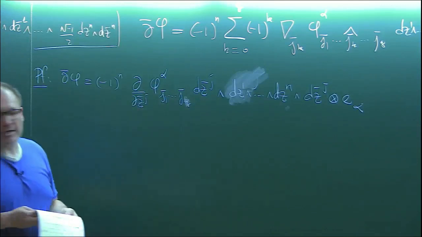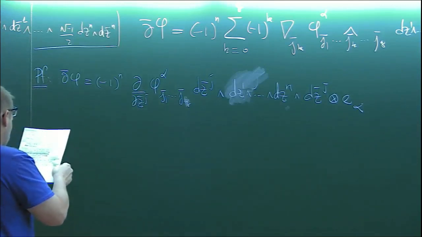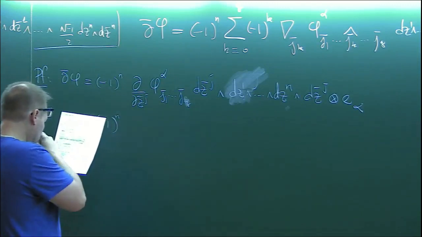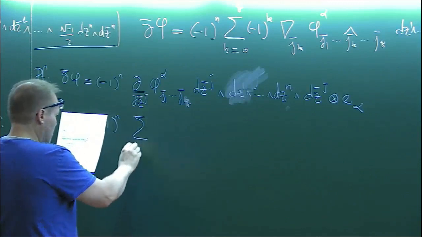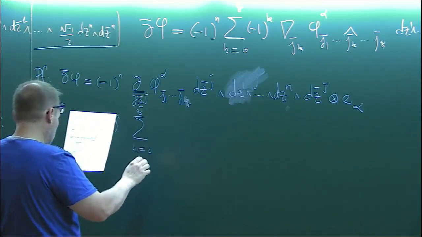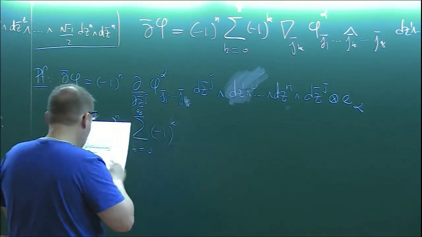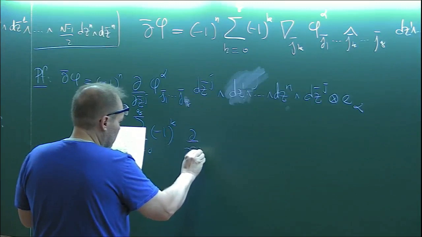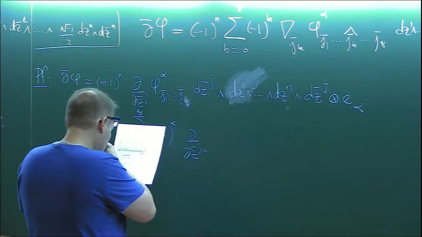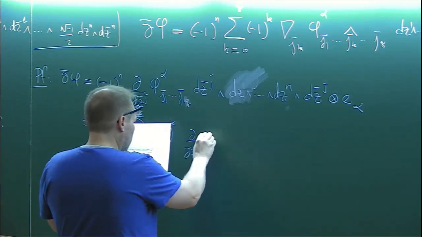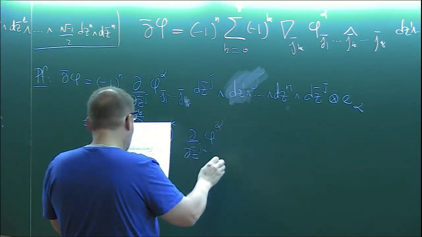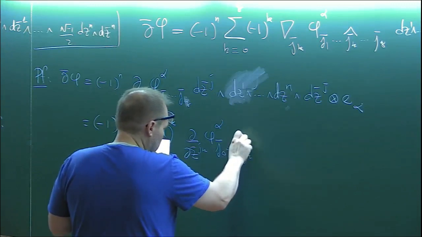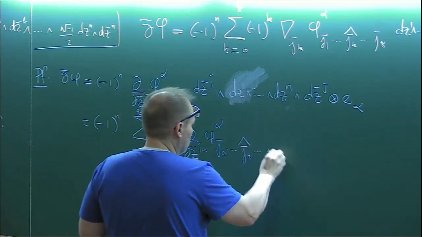Okay, but in this form, these coefficients are not skew symmetric with respect to the j. So we would like to make it skew symmetric, and so we have to reorganize the sum. So this will be minus 1 to the n, and then the sum, k going from 0 to q, negative 1 to the k, and then we put d by dz bar jk of phi alpha, and now we put the indices j0 and we omit the index jk up to jq.